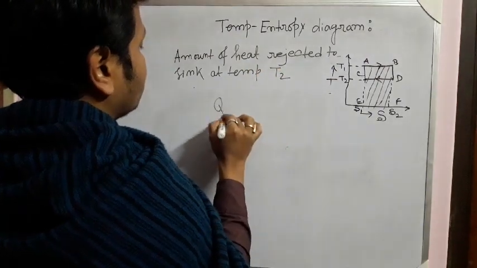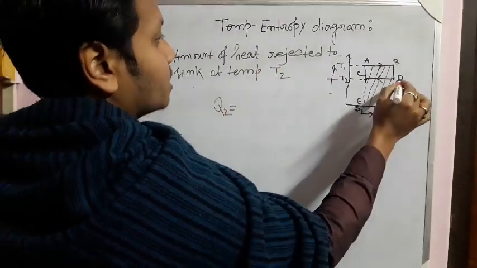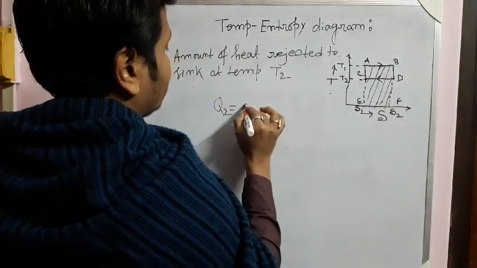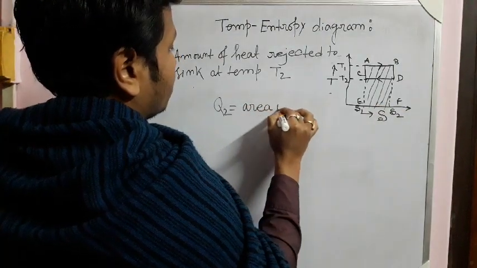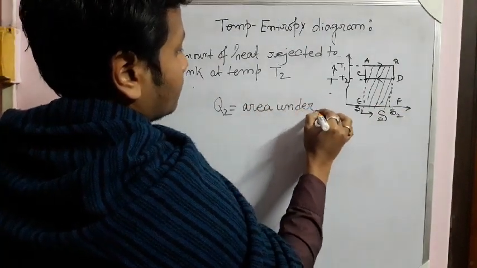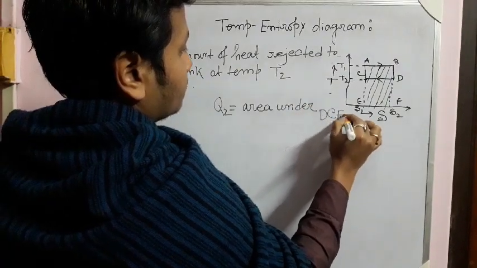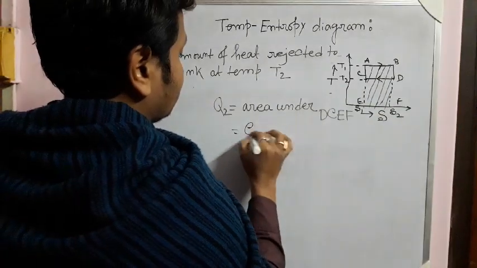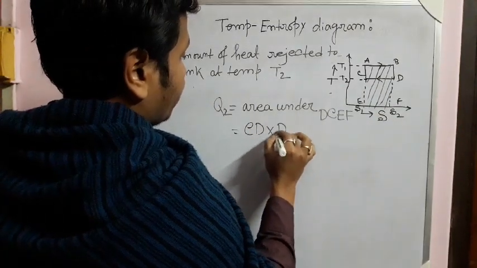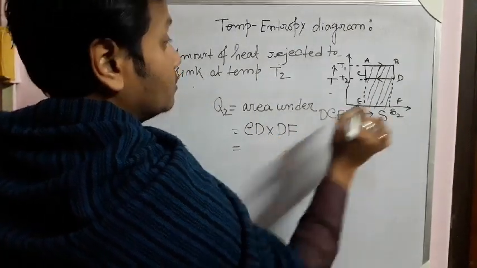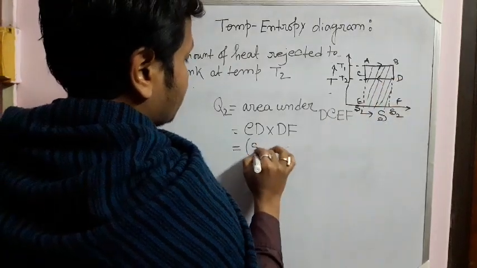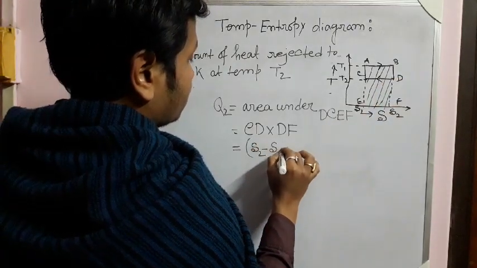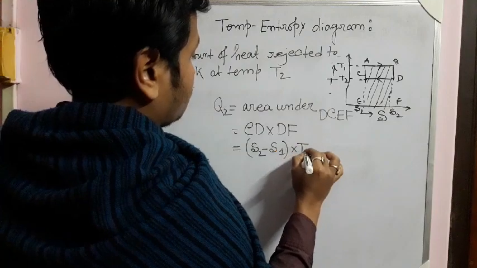If you call it Q2, then Q2 will be the area under DCEF. That is CD multiplied by DF. What will be CD? That is S2 minus S1, and DF means T2.